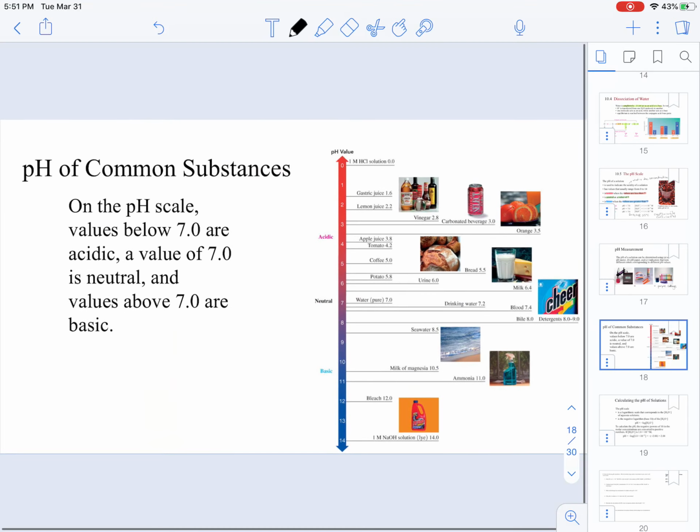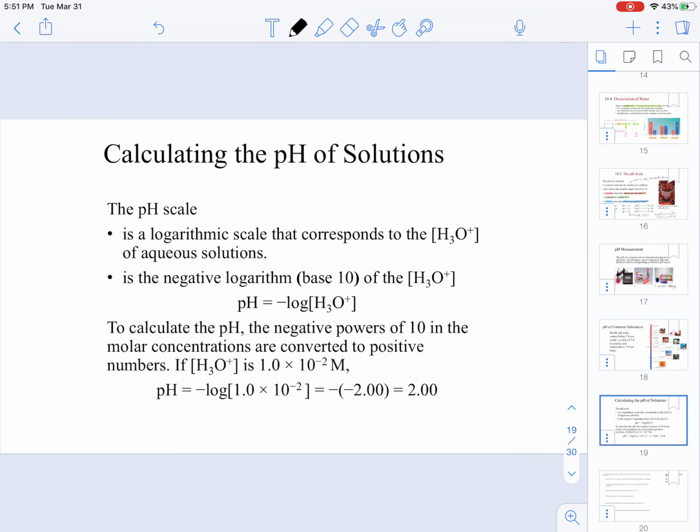Now, when it comes to this, you guys need to learn how to calculate the pH of a solution, and that is given by the following equation. One of the important equations that you guys need to know is that the pH equals the negative log of the concentration of hydronium.